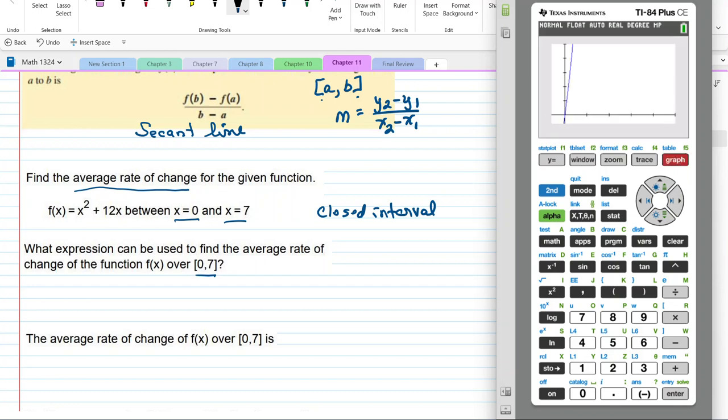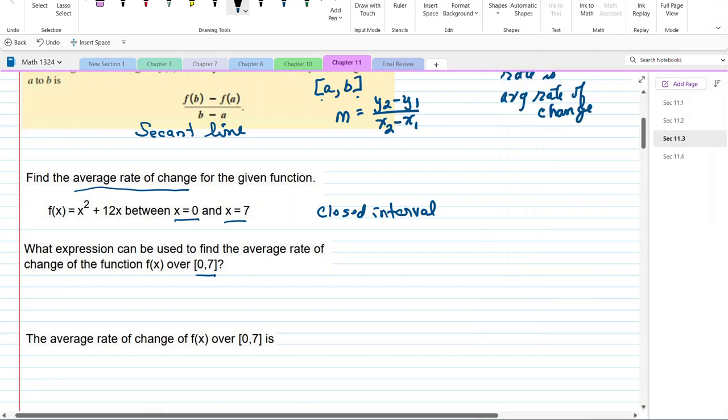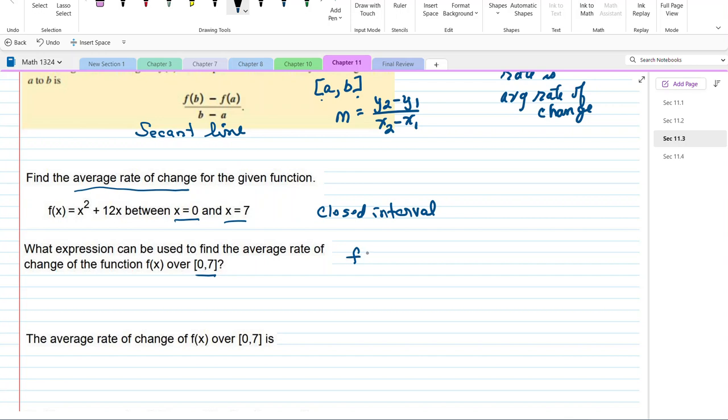If we can see the parabola easier. Well, we can't. We still don't see the bottom, but we know it's going up. It's going up to infinity on this end because it starts at 0, 0. So let's see what we have here, because it looks like a straight line, but it is a parabola. So we want to state that it is f of 7 minus f of 0 over 7 minus 0.